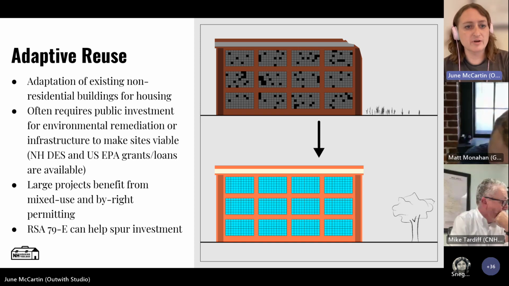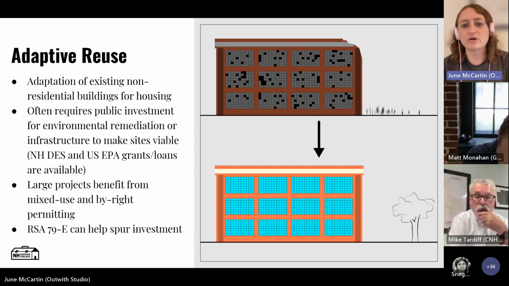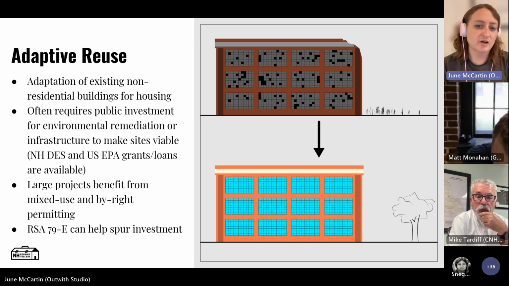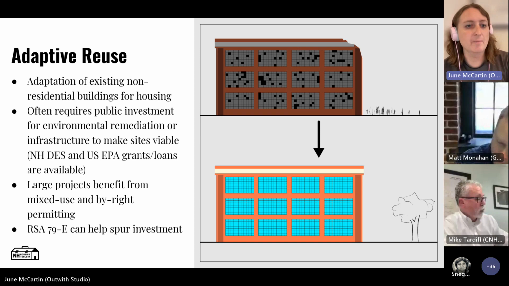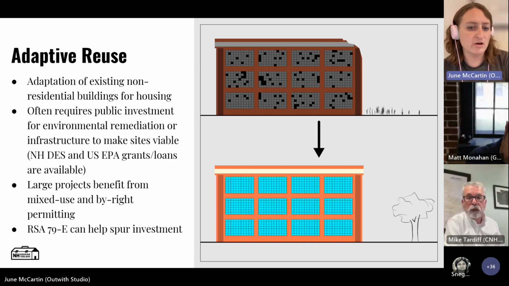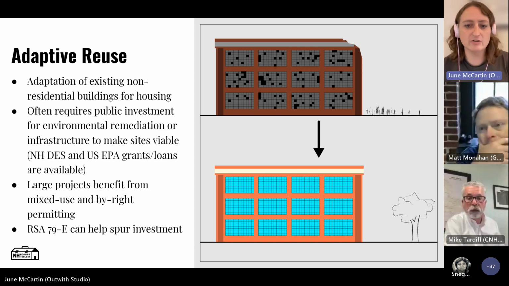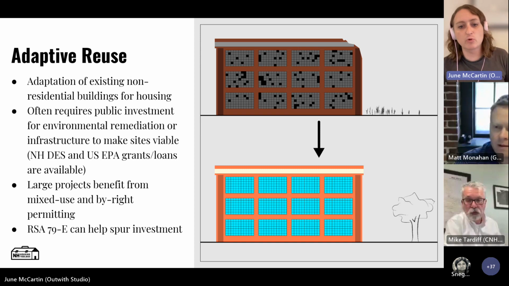We note that state DES and US EPA both have grants and loans available around brownfields. So if that's a specific issue, you can look to that for assessments or even the cleanup. Larger projects certainly benefit from mixed use potential, where the retail uses could act as a catalyst of interest in the site or make it seem more like a community, and vice versa.